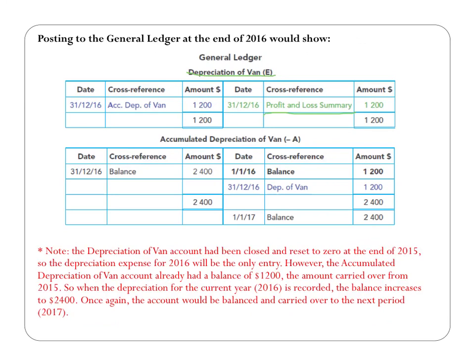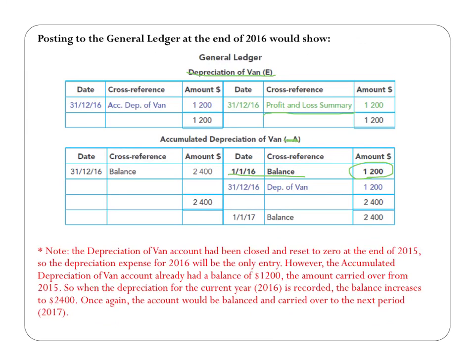In the accumulated depreciation of van account, the negative asset account, have a look at what's different here. You already have a balance of 1,200. Why would you have a balance of 1,200 at the start of the period? Because that's how much you carried over from the last reporting period, correct?